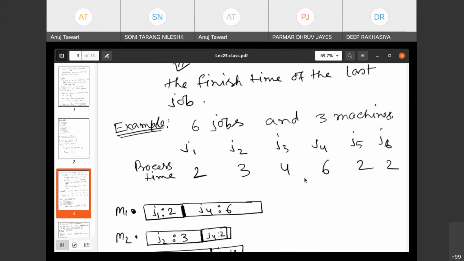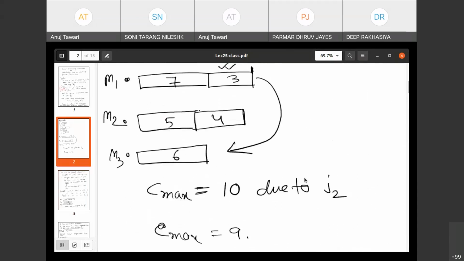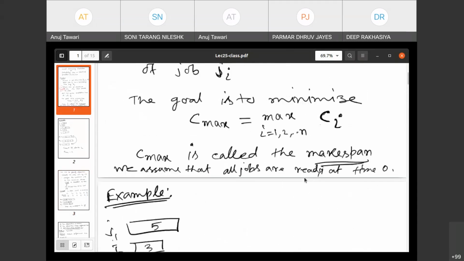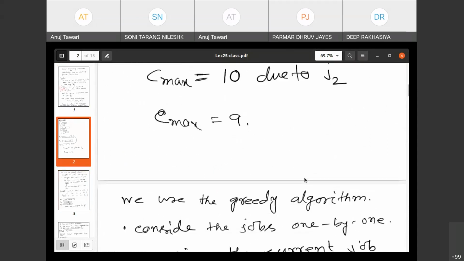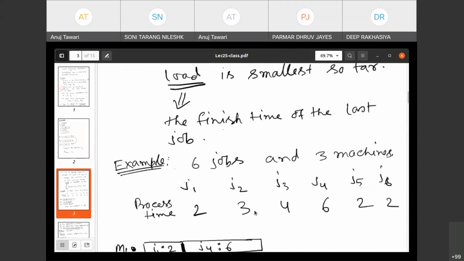You can check whether your algorithm gives the optimal for both these cases. This was 3, 4, 5, 6, 7, and this case 2, 2, 2, 3, 4, 6.